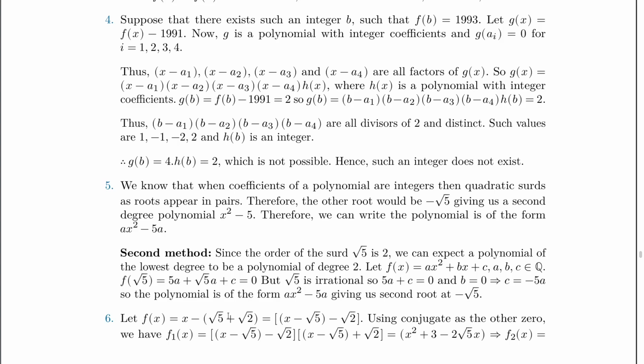So f(x) would be, there should be brackets here, x minus (square root of 5 plus square root of 2), and the other would be x minus (square root of 5 minus square root of 2). We multiply both, so we get x square plus 3 minus 2 square root of 5 x.